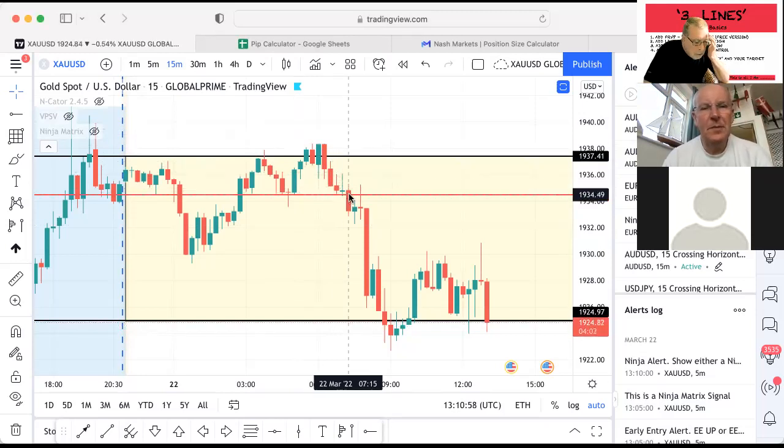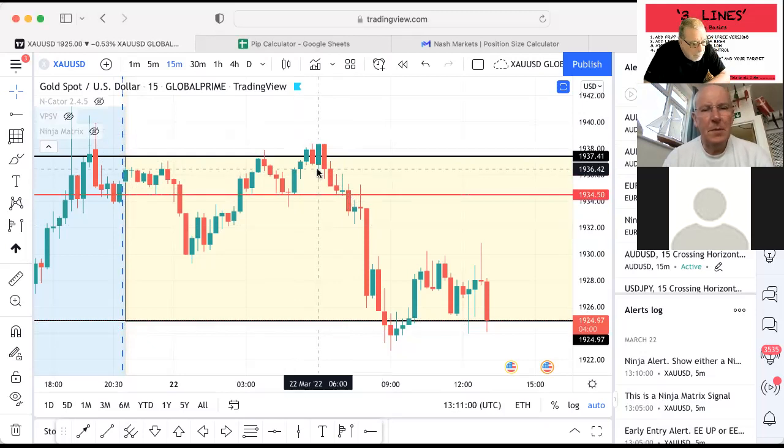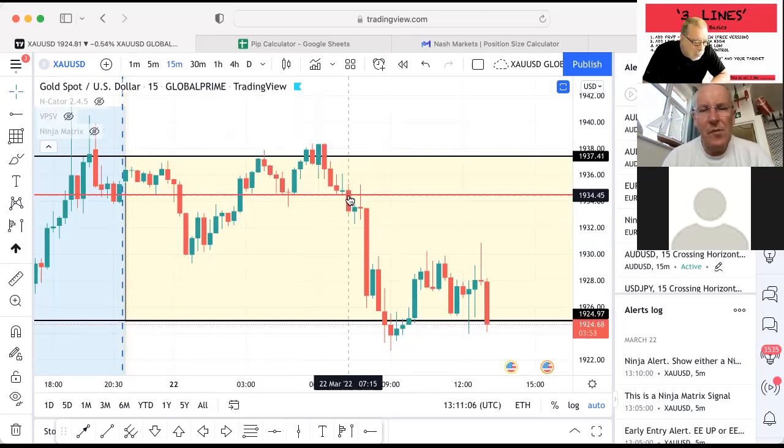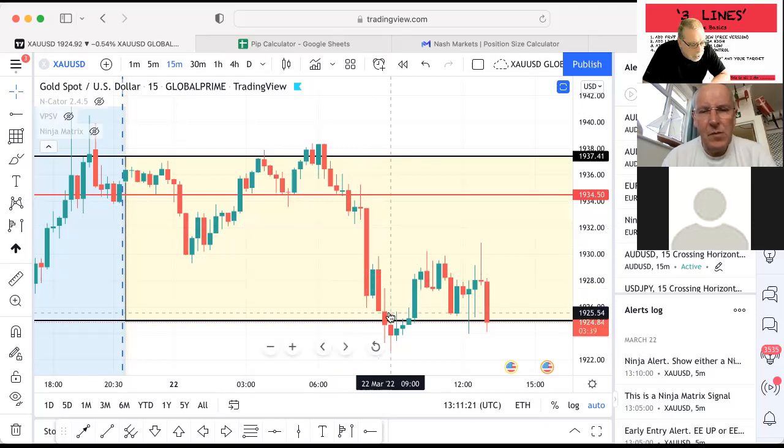If I'd taken that, I would have got out at the target, and I would reassess, and my reassessment would tell me to wait until price went back to retest, and then it decided to go down. It went all the way down to the bottom there.